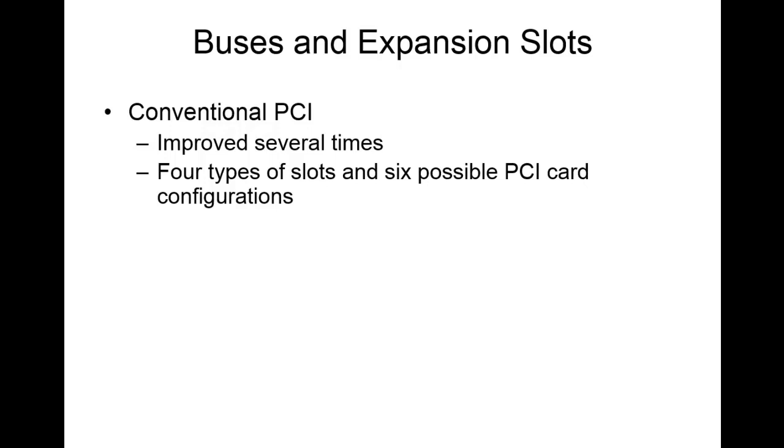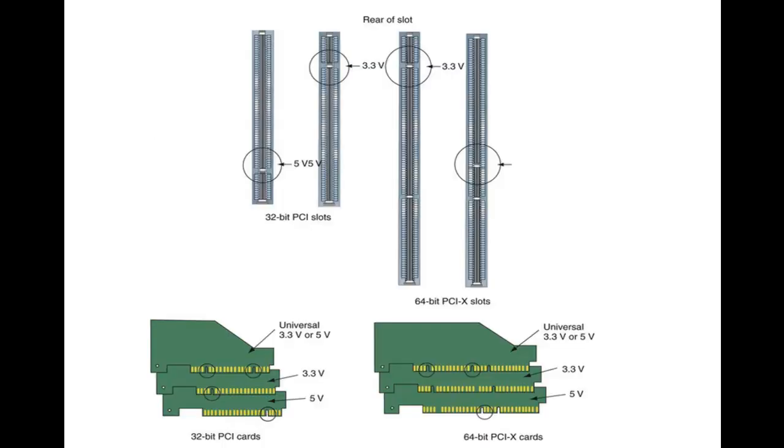and can contain either of those notch configurations. Take a look here to see that complexity. We have 4 different types of slots up here. You see where the rear end of the slot is, it would be located there. And then we have the 6 different possibilities down here based on if it's a 32-bit PCI card or 64-bit.